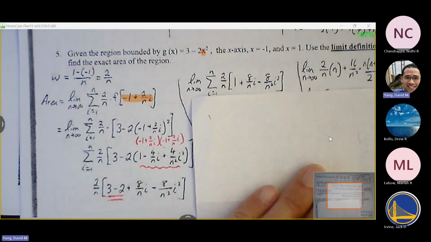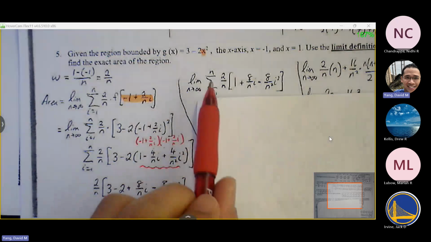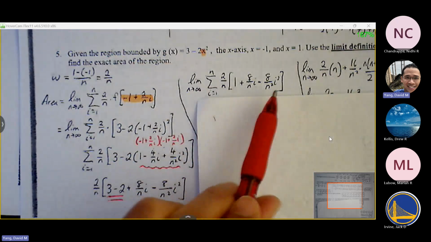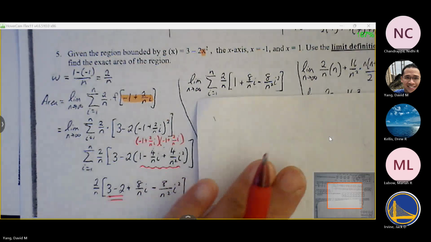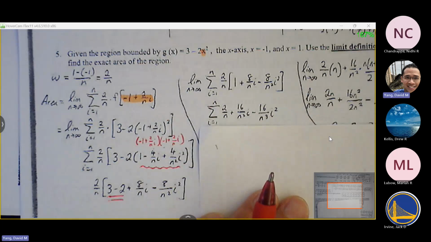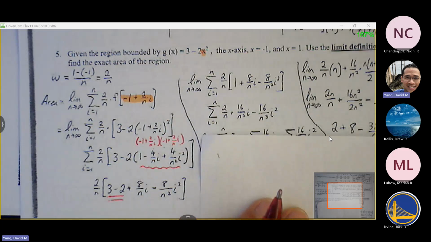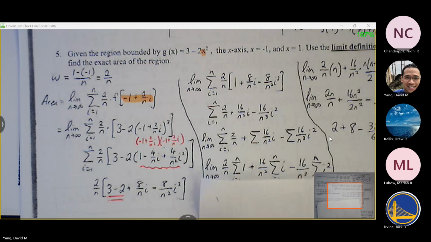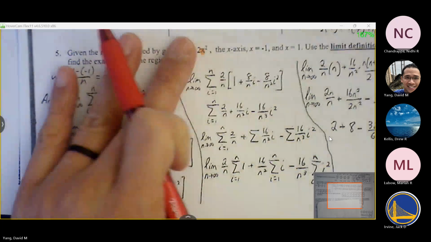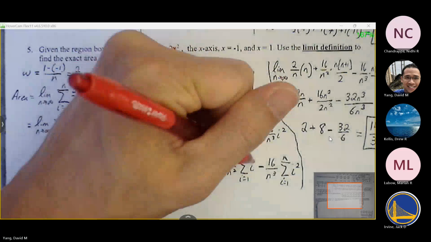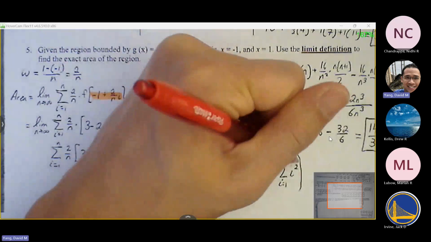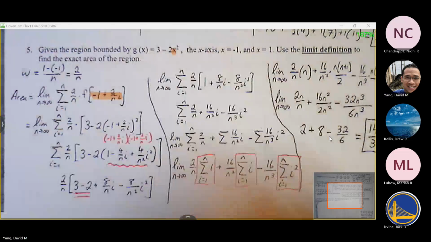Now I'm ready to multiply the width into my cleaned up height portion. Multiply the 2 over n through, and now I can begin exploring my summation rules and make those substitutions in terms of n.